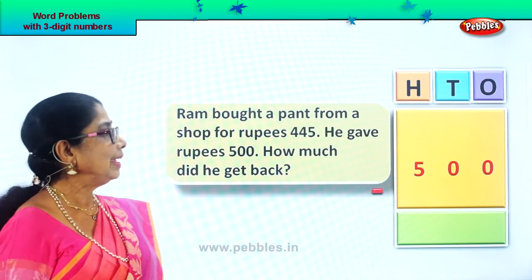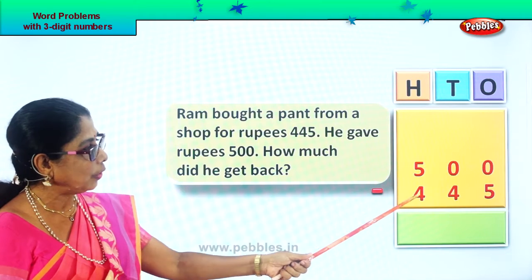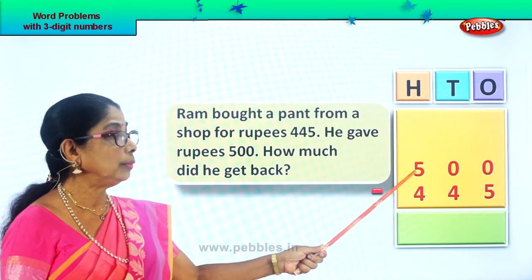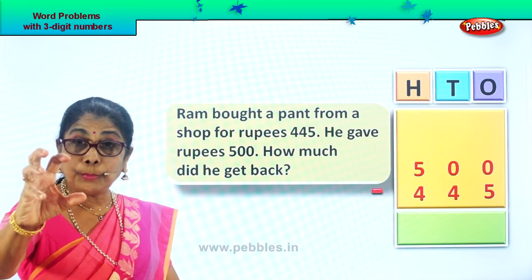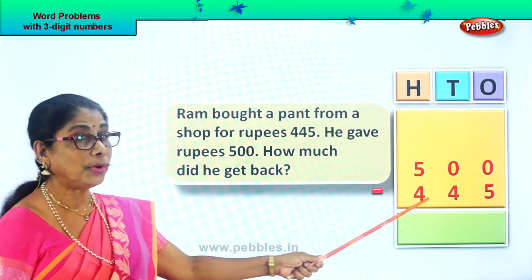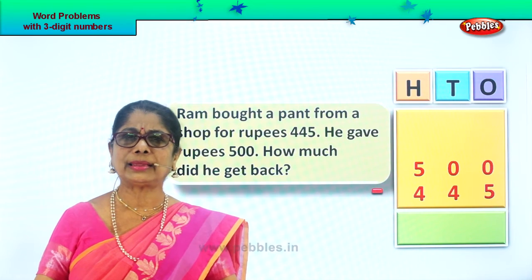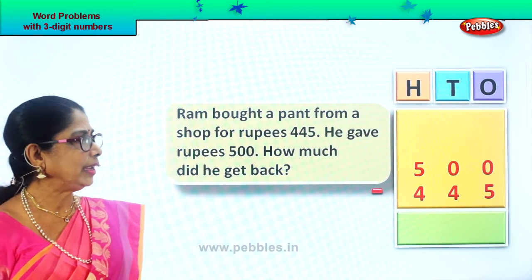The amount spent on the pant is 445. Question is, how much money did he get back? He gives 500, and what did he get back? We're going to find out.